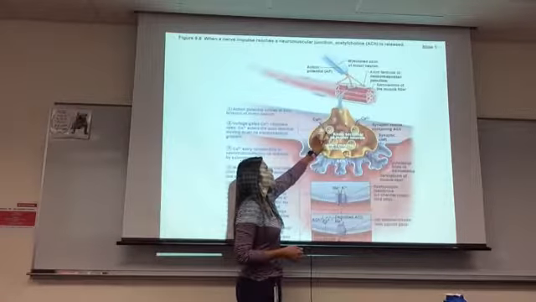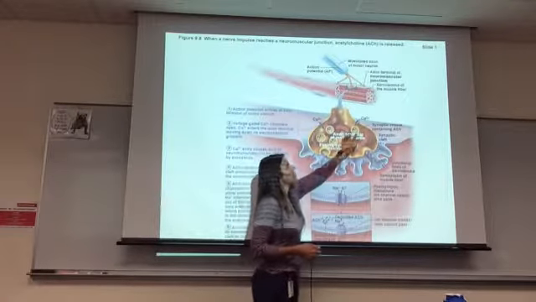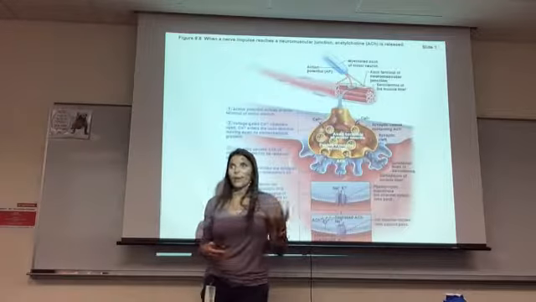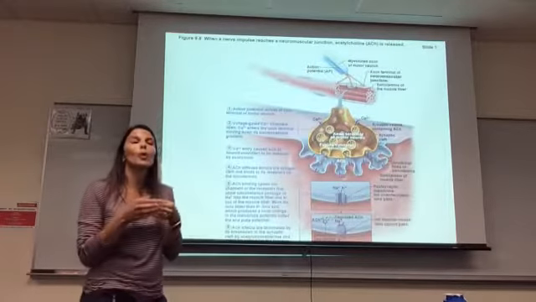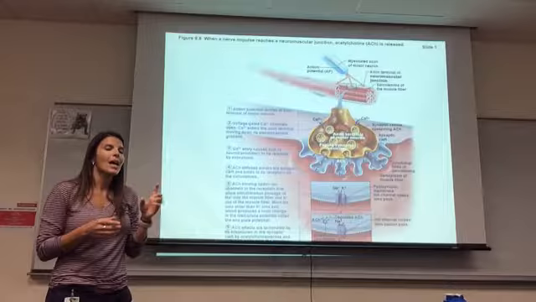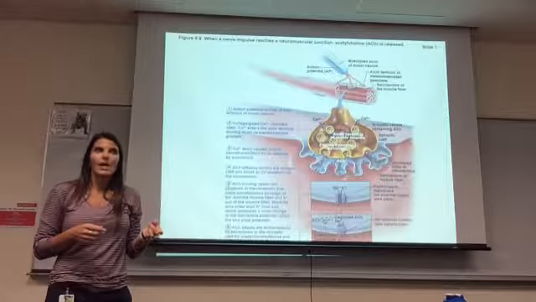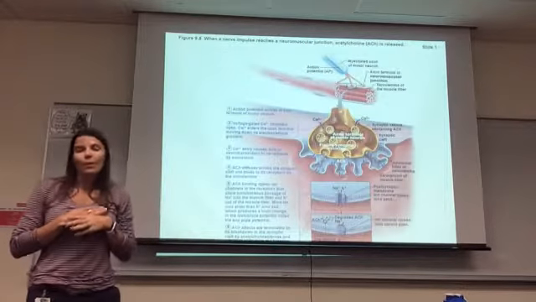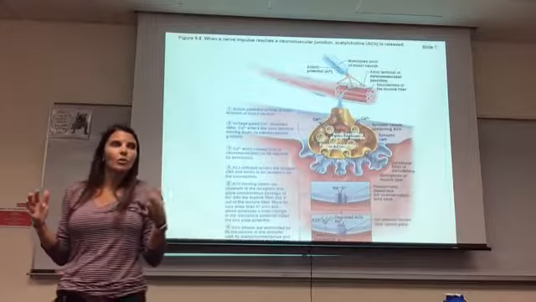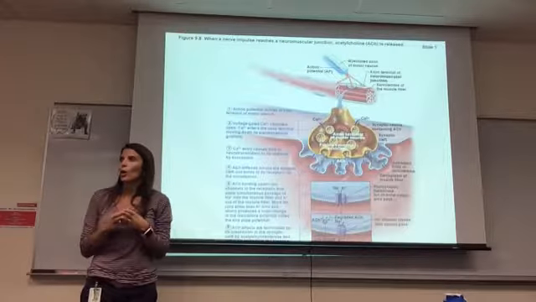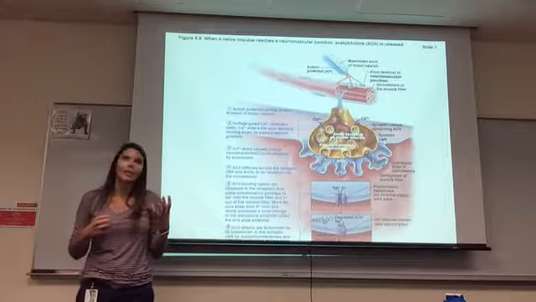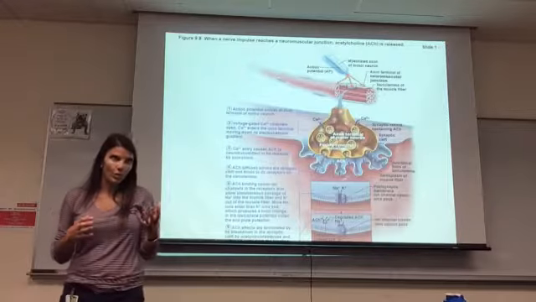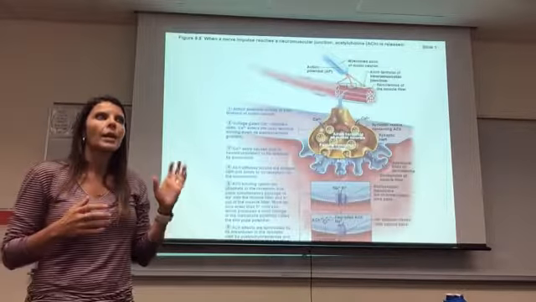When calcium comes in, we have these vesicles here, which we've covered that term before, filled with the neurotransmitter acetylcholine. For those of you who have done pharmacological work or worked with medicines, acetylcholine is an excitatory neurotransmitter, so it's used over and over again.